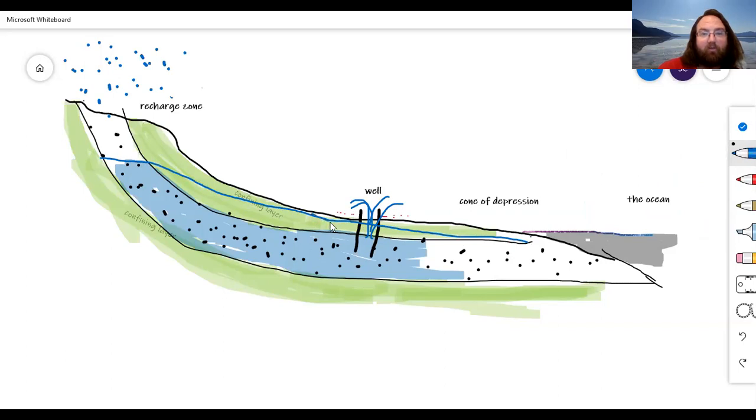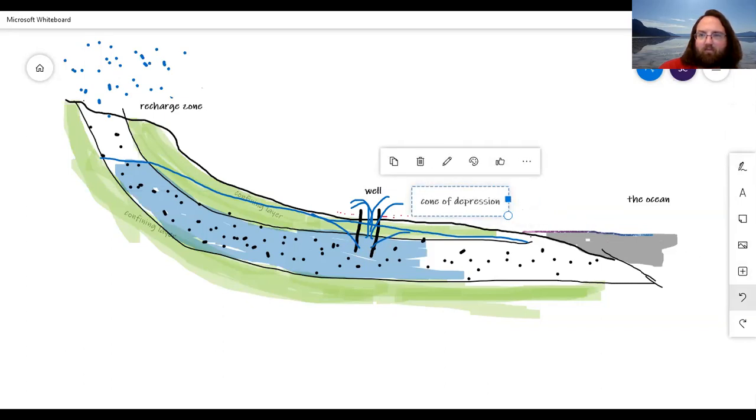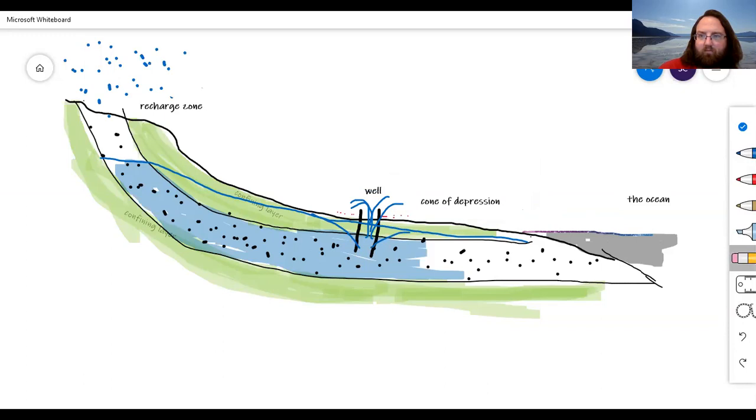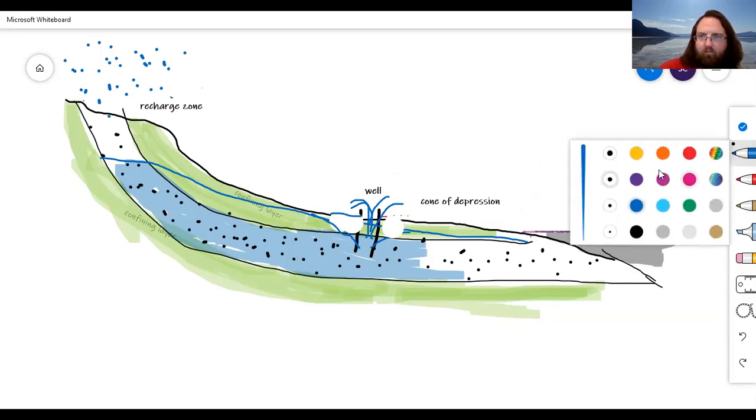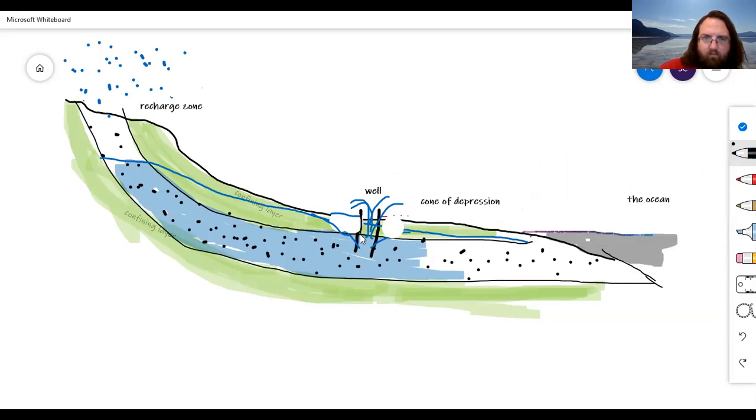However, when we start pumping from the well, we suddenly get a cone of depression. A little cone of depression in the water table.